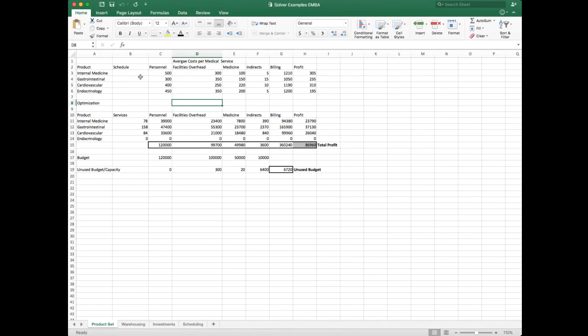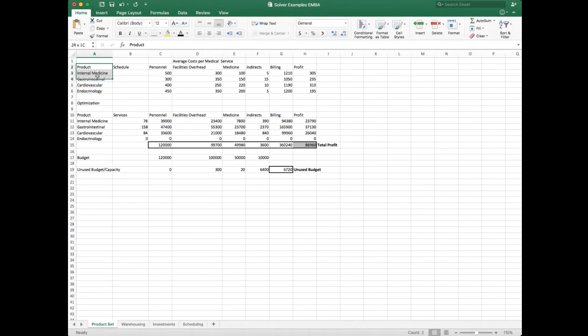So let's start off. Once again, a hospital offers a series of services, and the average cost of each service is specified right out here. So the first thing to do is, what are the options that we have? So these are the steps.